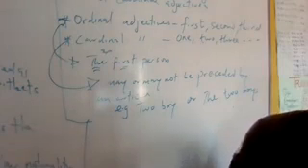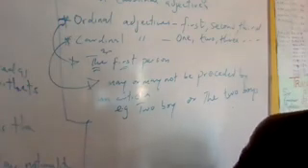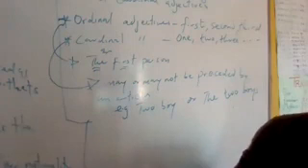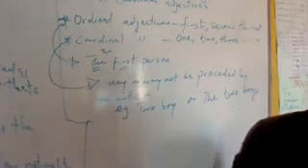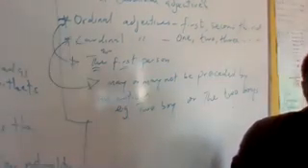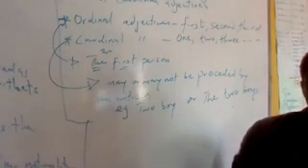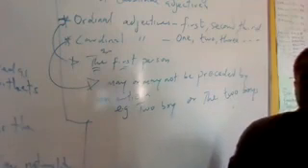Now, the numerical adjective has two types: the ordinal adjective and the cardinal adjective. The ordinal adjective has to do with position: first, second, fourth, fifth, hundredth. The cardinal adjective deals with direct numbers: 1, 2, 3.